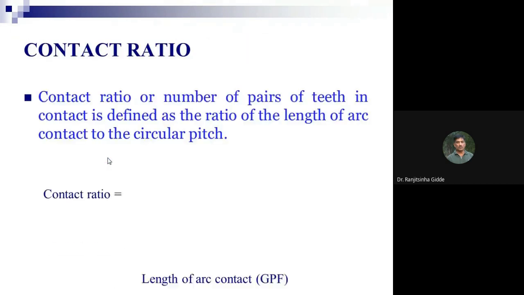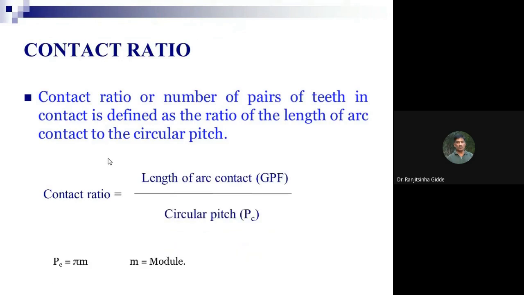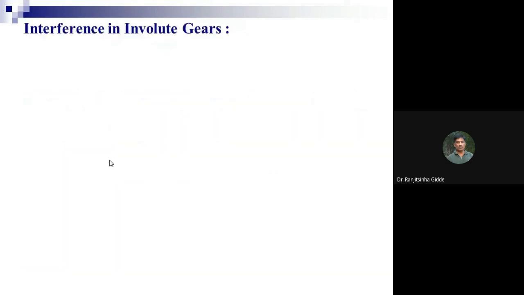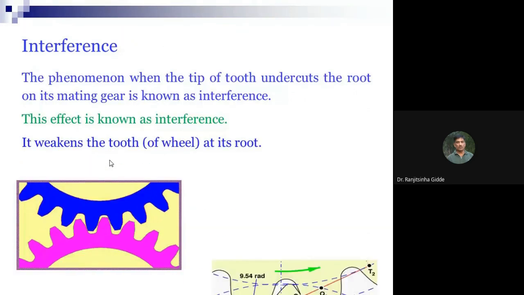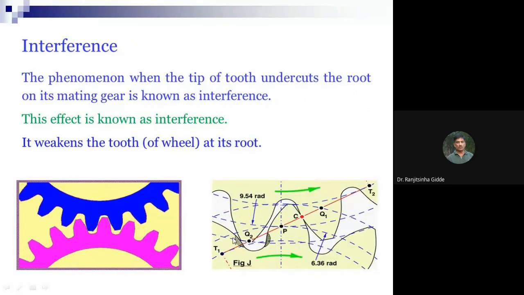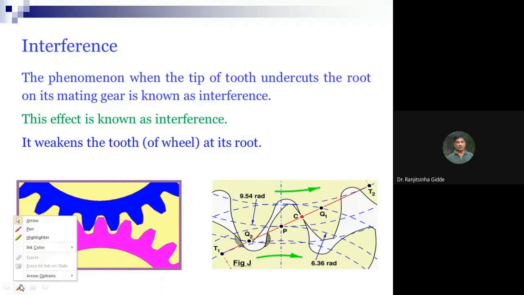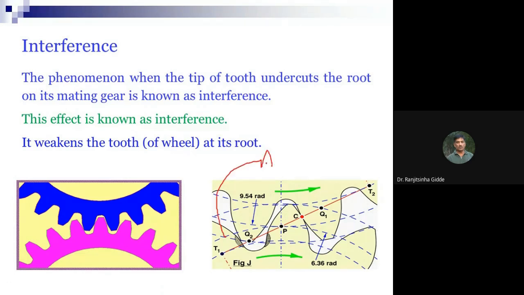So once again you can check this animation. Okay. So this blue one is the addendum circle, and you can consider this as the maximum addendum circle.